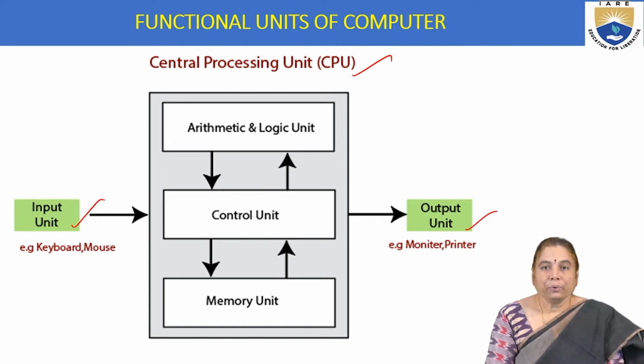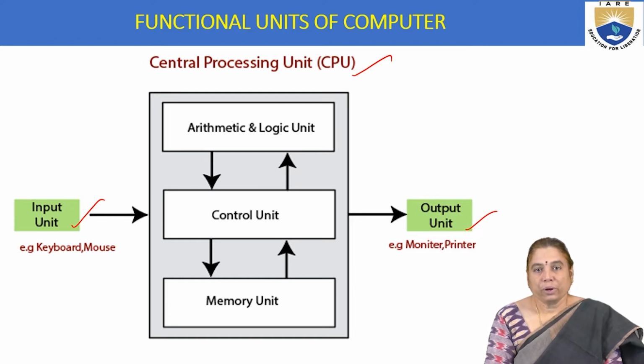The input unit takes the data from the user and supplies it to the CPU in a computer readable form. A variety of input devices are available in the market. We will discuss the input devices now. Next, the central processing unit performs the processing and computational work of the computer.